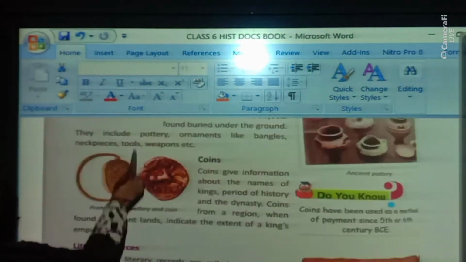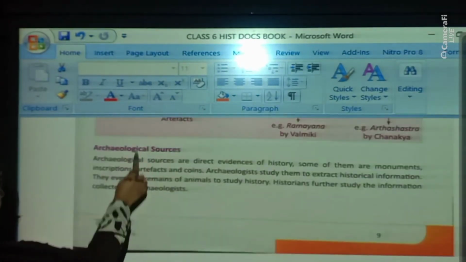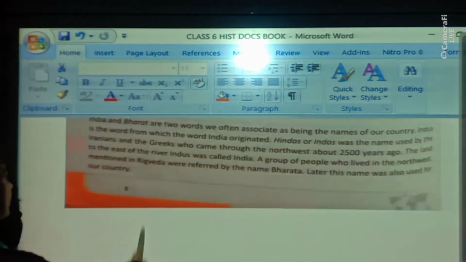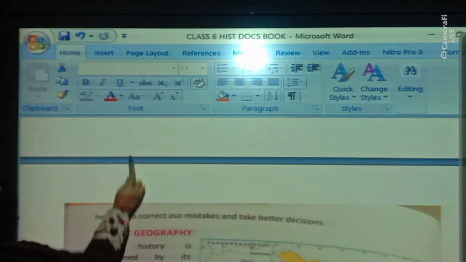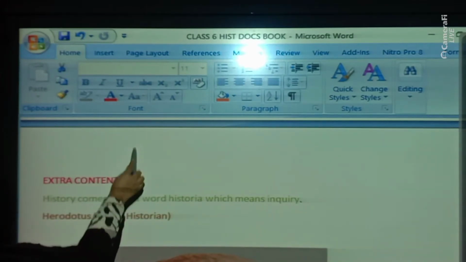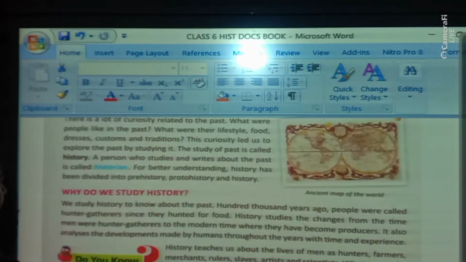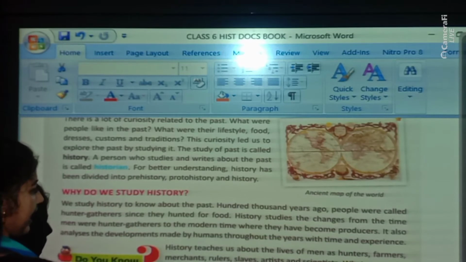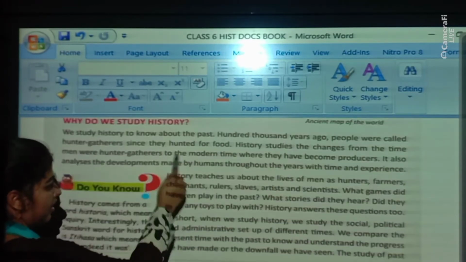From the beginning, why do we study history? To better know the lifestyles, foods, habits and things of people hundreds of thousands of years ago, right? It also analyzes the development made by humans throughout the years, okay?